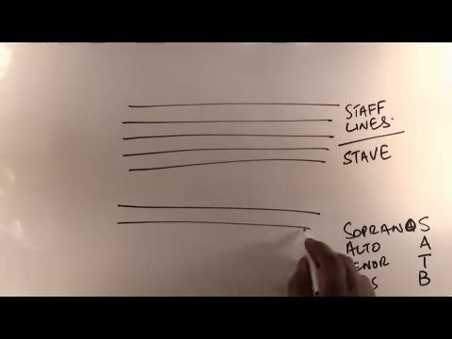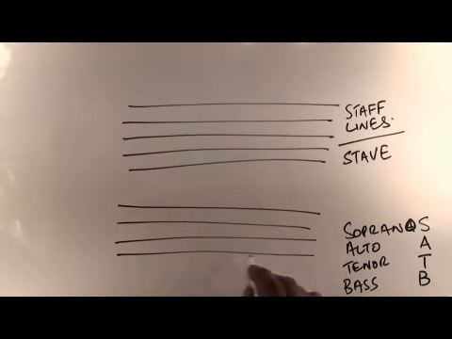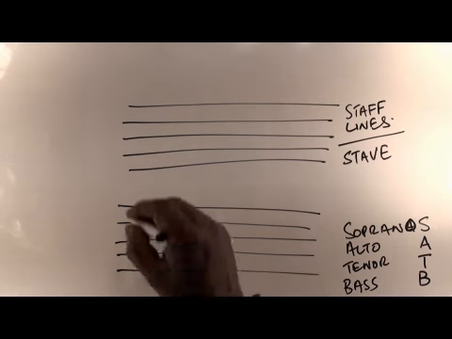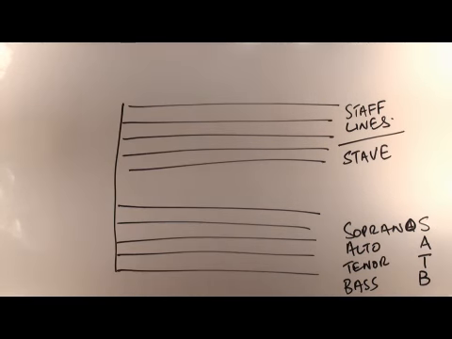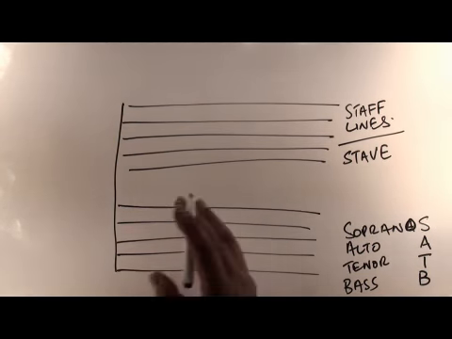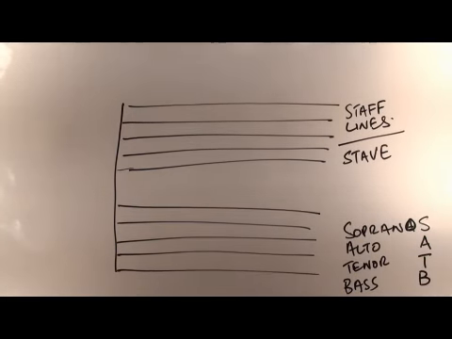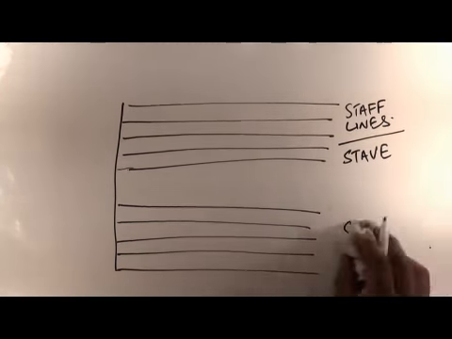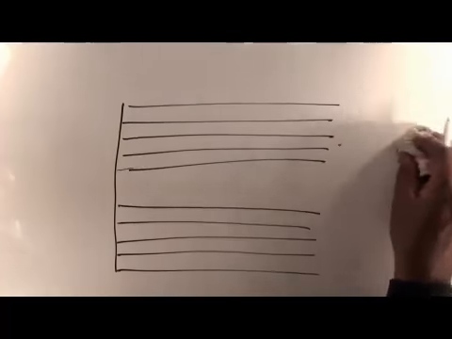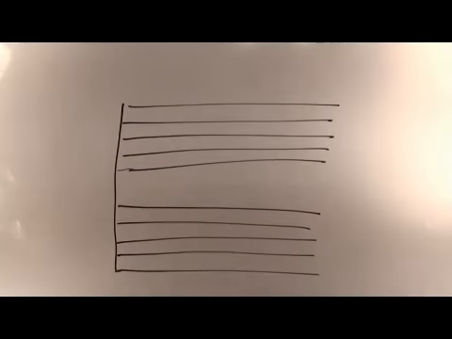Let's draw another set of 5 parallel horizontal lines. Let's join that up. This is typical staff lines used for piano scores, for writing piano music. Now, I'm going to take this out. Let's divide the staff lines into appropriate voice parts.